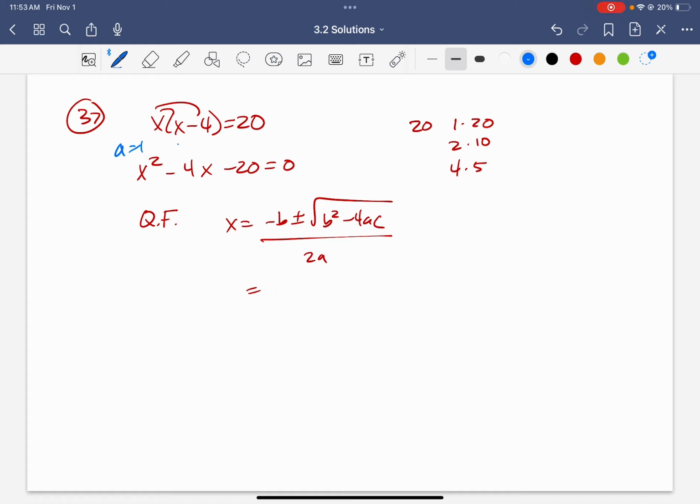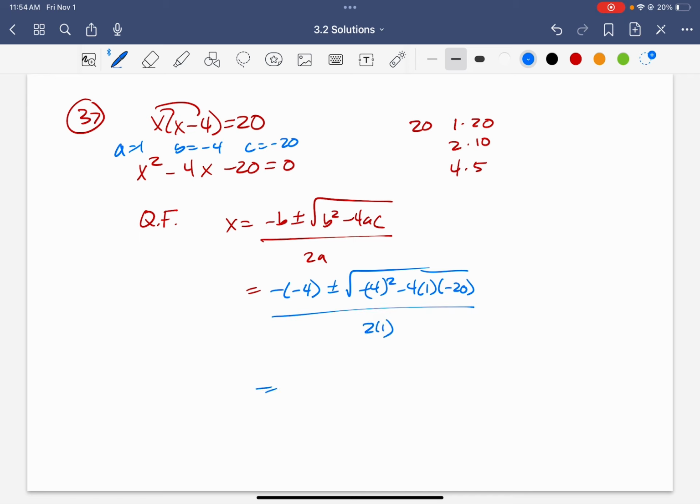In this case, a's 1, b's negative 4, and c's negative 20. So it's going to be negative negative 4 plus minus root negative 4 squared minus 4 times 1 times negative 20 all over 2 times 1.